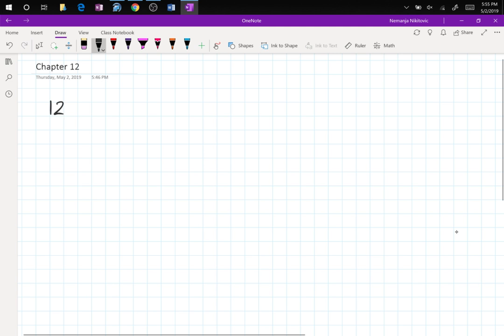So 12.1, parametric equations. Your line integrals and many other things will depend on parametric equations.